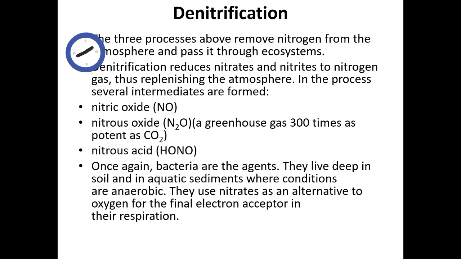This process can form several intermediates like nitric oxide and nitrous oxide. Nitrous oxide, as you know, is a greenhouse gas, and this is quite harmful even compared to carbon dioxide, and nitrous acid.